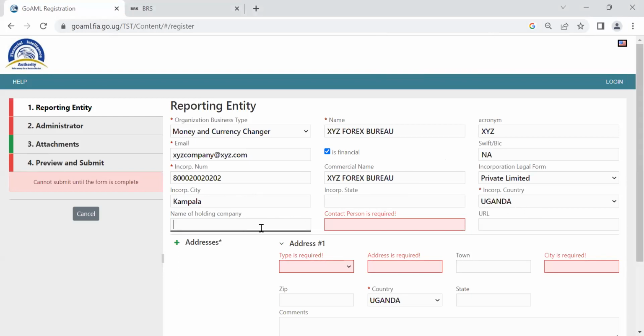Name of holding company is not applicable. That is if it's a group of companies.